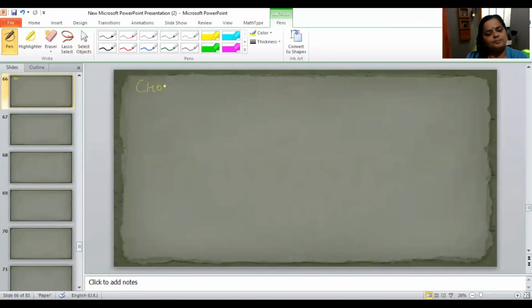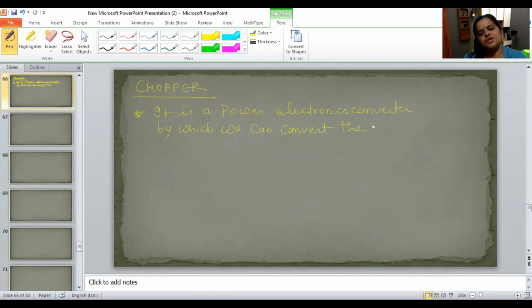Now I am sharing my screen where I will brief you on the details regarding the chopper. The very first point is that it is a power electronics converter by which we can convert the magnitude of a DC voltage.